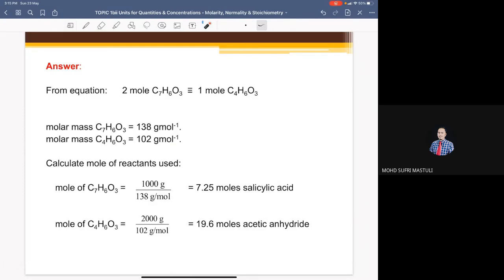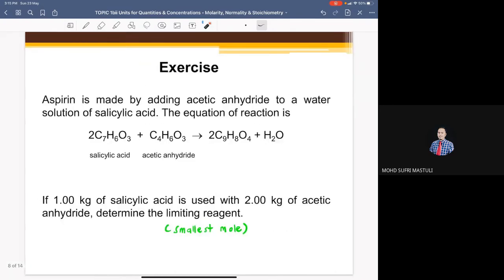From the periodic table, we can calculate the molar mass of C7H6O3 is 138, and the molar mass of C4H6O3 is 102 gram per mole. So now, as I mentioned, you have to calculate the mole number of each one based on the given mass for the respective chemical.